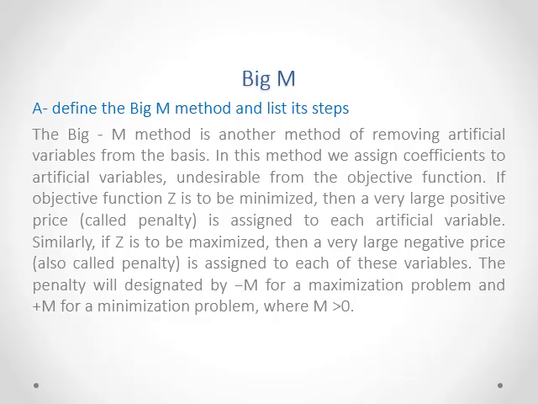If objective function z is to be minimized, then a very large positive price, called penalty, is assigned to each artificial variable. Similarly, if z is to be maximized, then a very large negative price, also called penalty, is assigned to each of these variables.